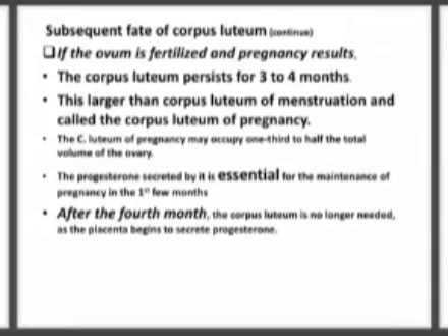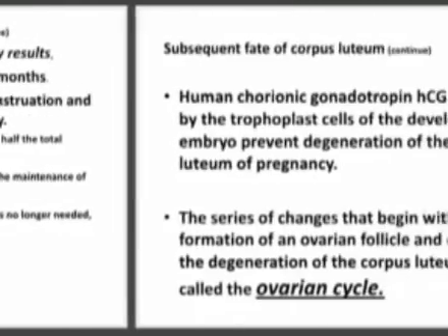The progesterone secreted by it is essential for the maintenance of the pregnancy in the first few months. After the 4th month, the corpus luteum is no longer needed as the placenta begins to secrete progesterone.